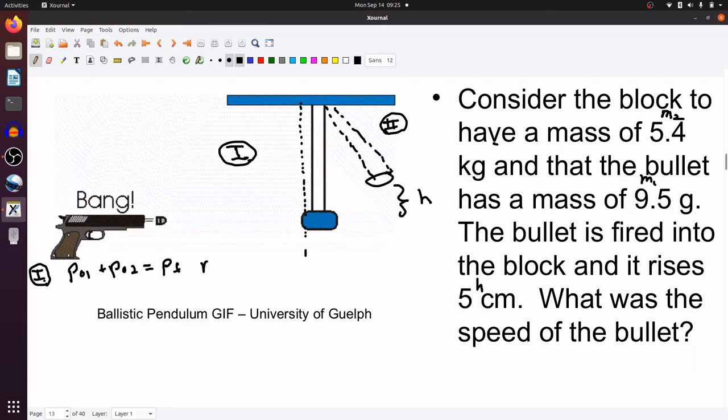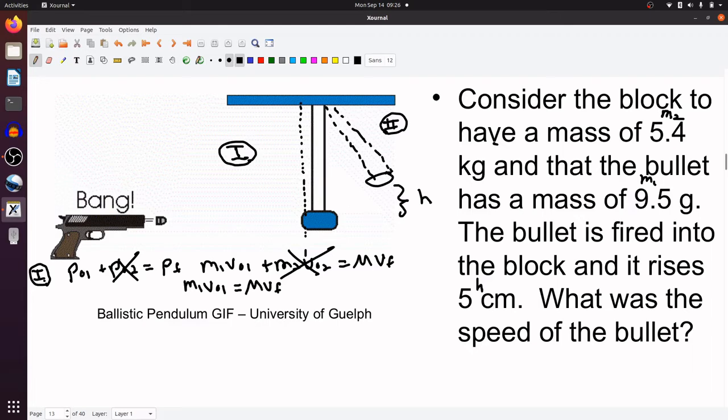So that means M1 V01 plus M2 V02 is equal to big M big VF. Well, what was the block doing initially? Nothing. It was completely stationary. So you have no initial momentum of block 2, and this formula reduces to just M1 V01 equals big M big VF.